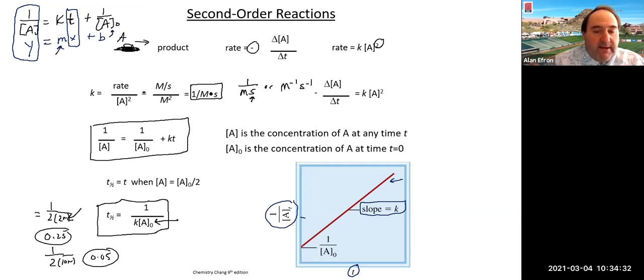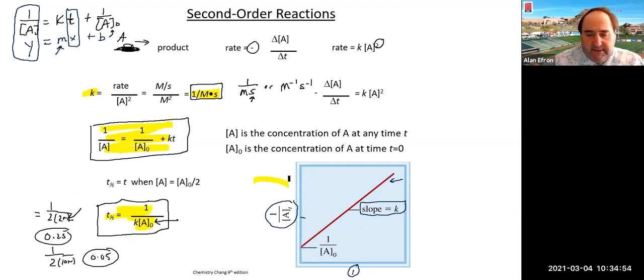So just like first order, there are a few important things off of this slide that you need to know. Obviously the units associated with k. We also need to know the time and concentration relationship, our formula. You need to know the half-life associated with second order.